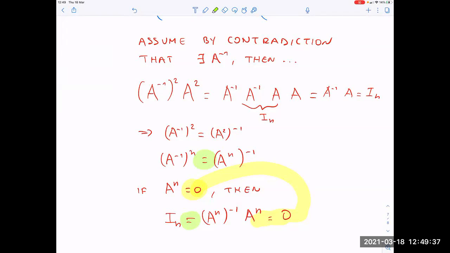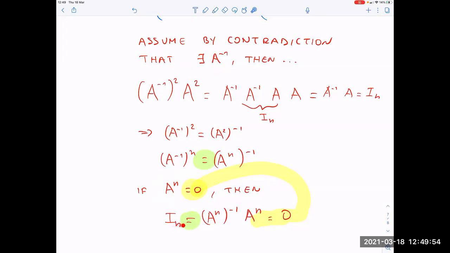Yes, the conclusion is that if you have a matrix having a power 0, but the inverse exists, I can multiply this matrix A^n by its inverse.